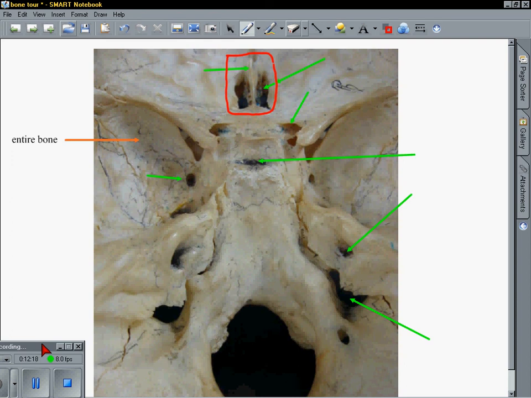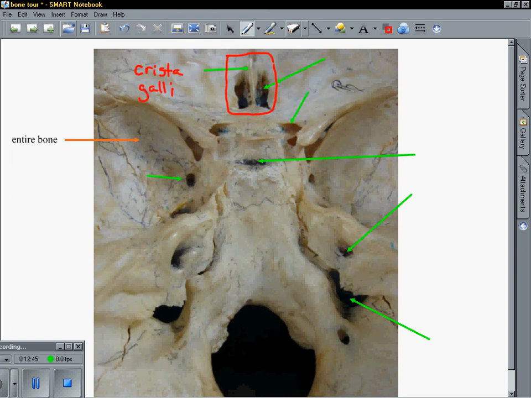We have a little crest sticking up in the center called the crista galli. Except there's no H in that word. Let me fix that. It's just crista galli. Sorry about that. Just like you guys.